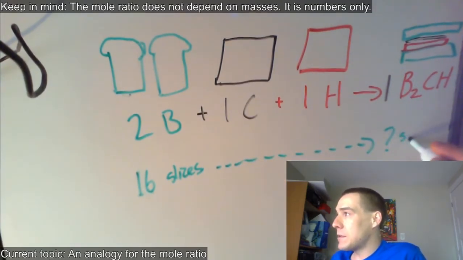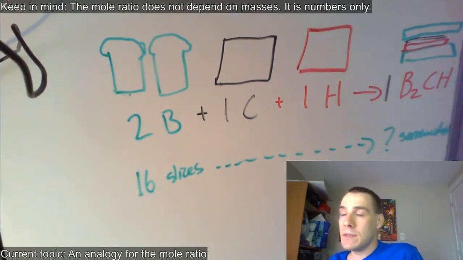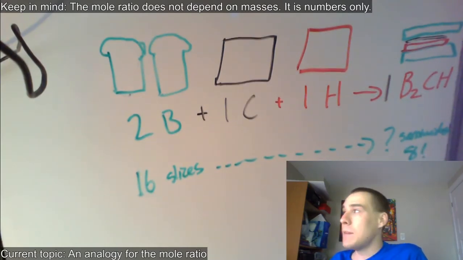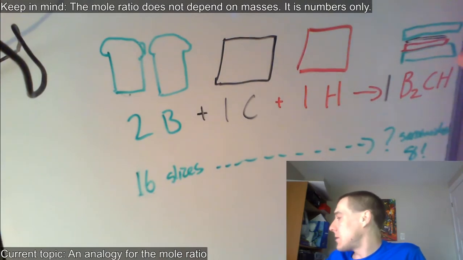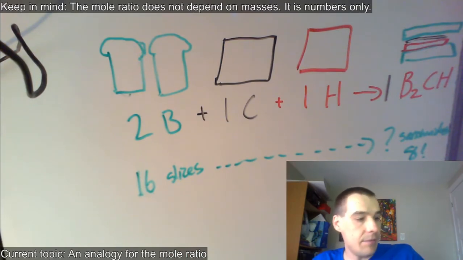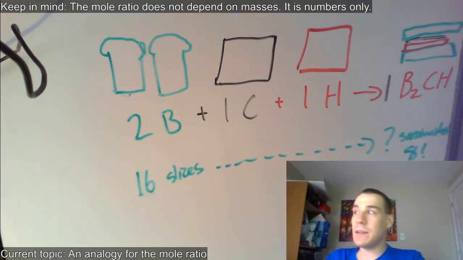How many sandwiches? And the obvious answer is 8. We can make 8 sandwiches because each sandwich has 2 slices of bread, and that's how we could figure it out. We just divide by 2, and it's kind of obvious.